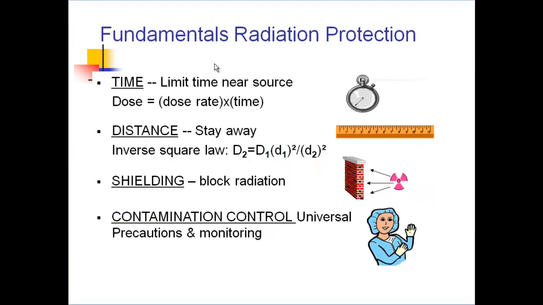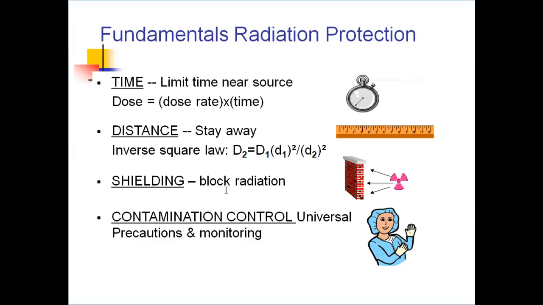The fundamentals of radiation protection include time, distance, shielding, and contamination control. With a DXA, since we're using X-ray radiation, when the X-ray source is turned off, there's no more radiation in the area, so contamination control is not used.